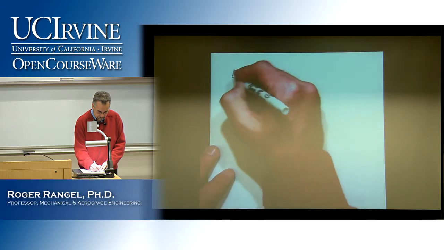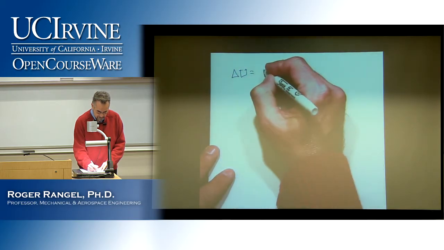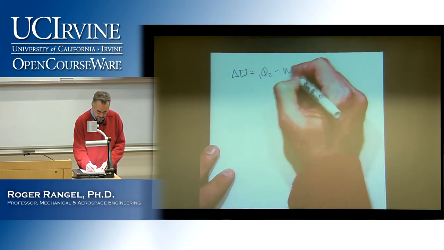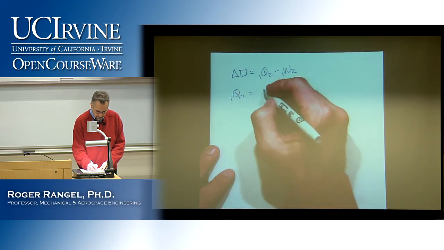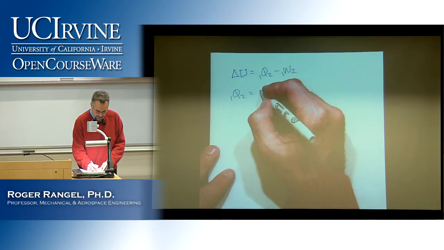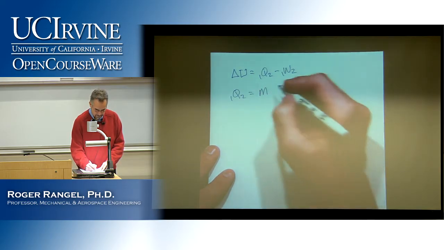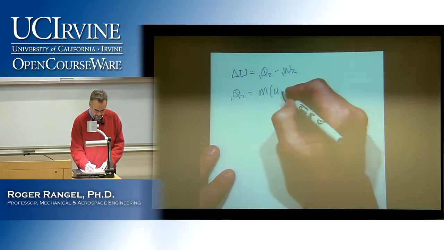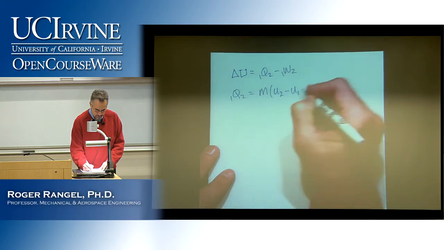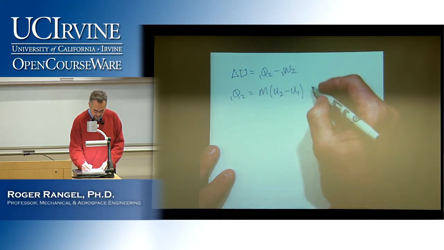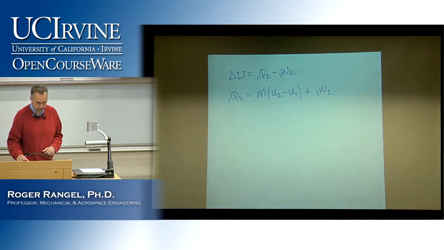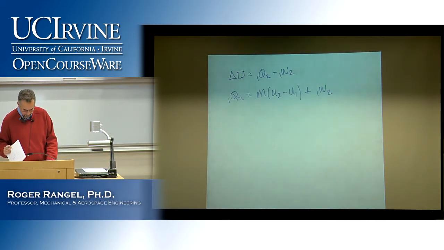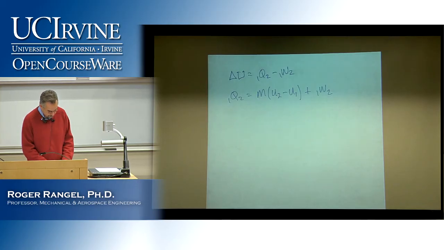So delta U equals Q12 minus W12. Solve for Q12. It's delta U, which is the mass of air, times U2 minus U1, plus W12.